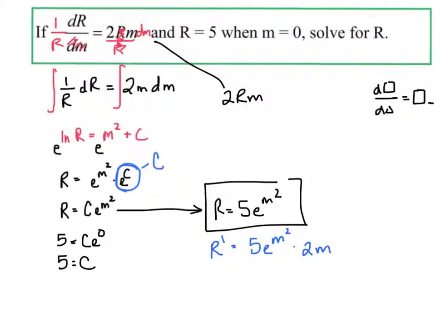Well, notice that the derivative, according to this, is the original function. See, r is equal to 5e to the m squared. It's just that multiplied by 2m. And up here we said the derivative, dr dm, was equal to r multiplied by 2m. So that's a way to verify that we really did do everything correctly.